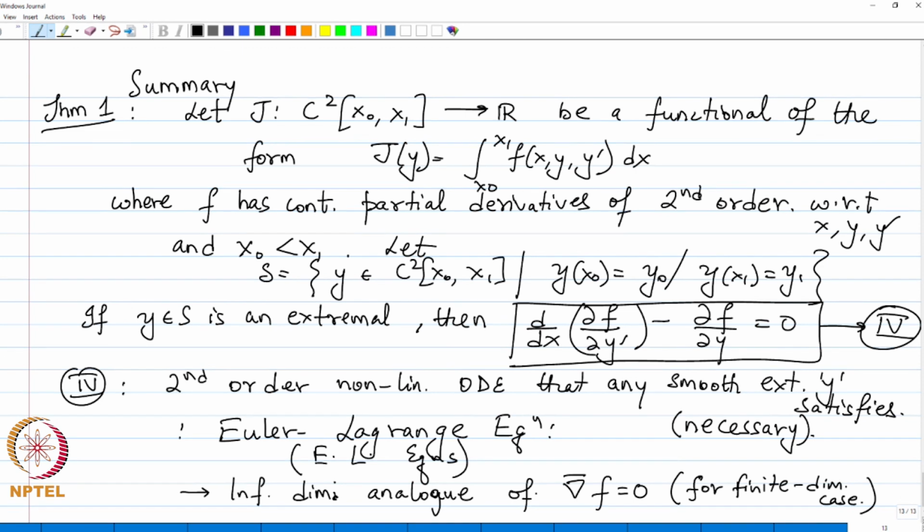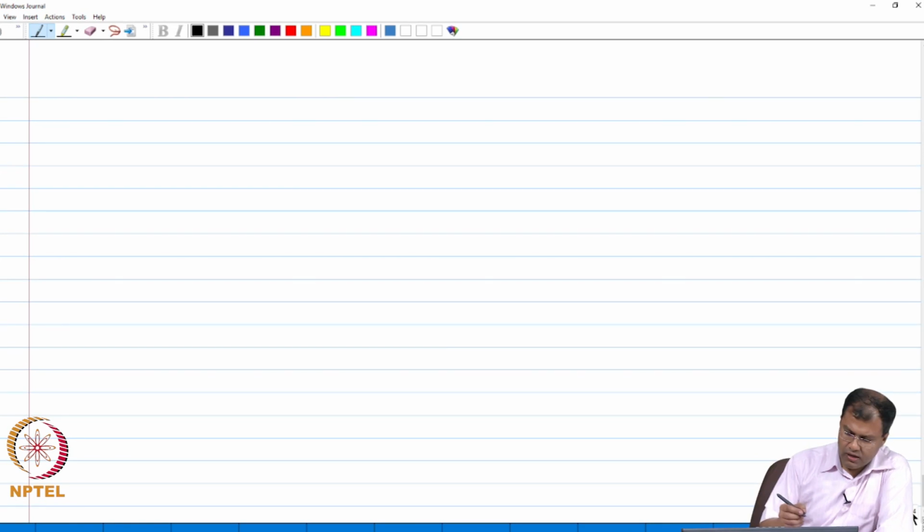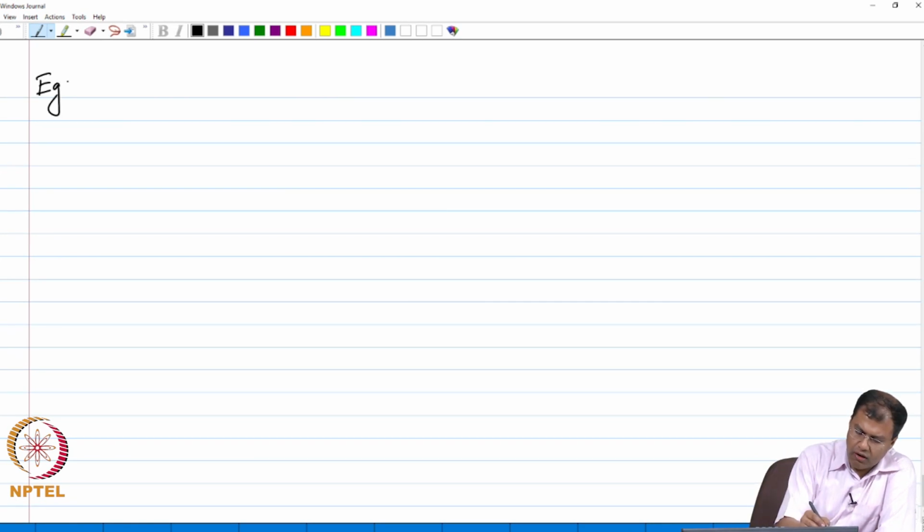Okay. So, before we wrap up this discussion, let me just show you the application of this particular expression, how we figure out the extremal function of any functional. My first example involves finding the geodesics on a plane.